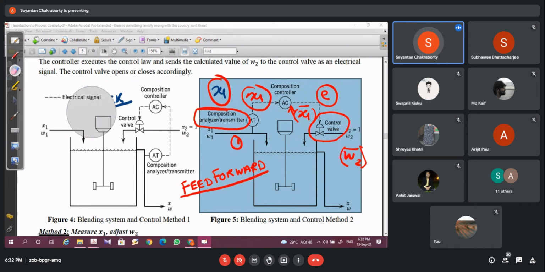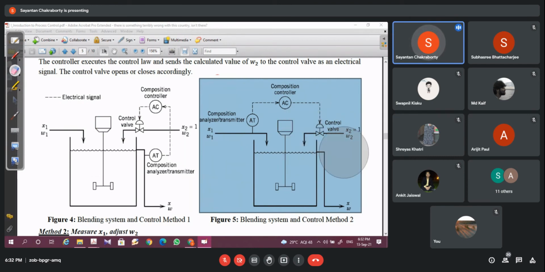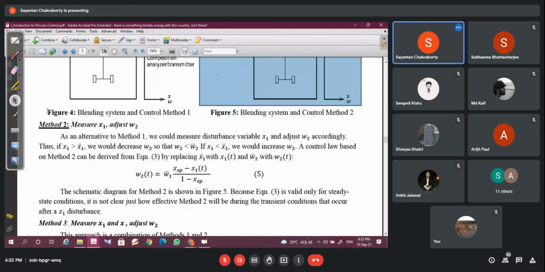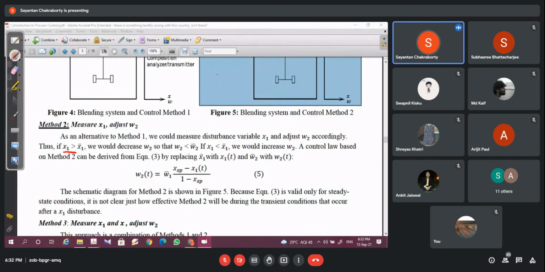Now, how this feed forward control law can be written or can be decided. This can be decided based on this logic.